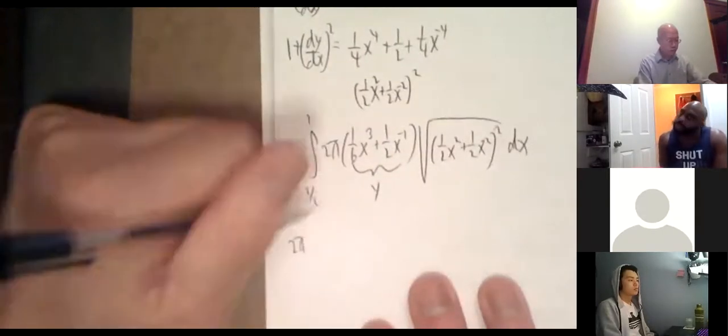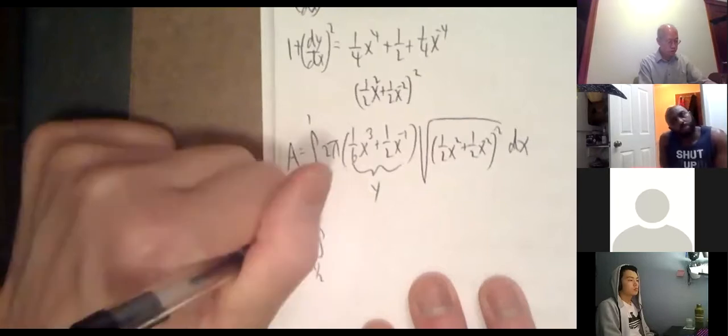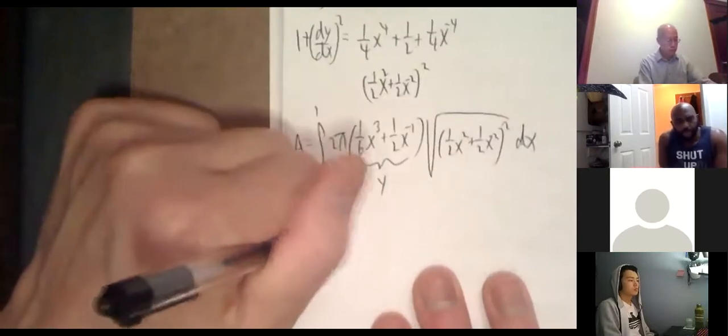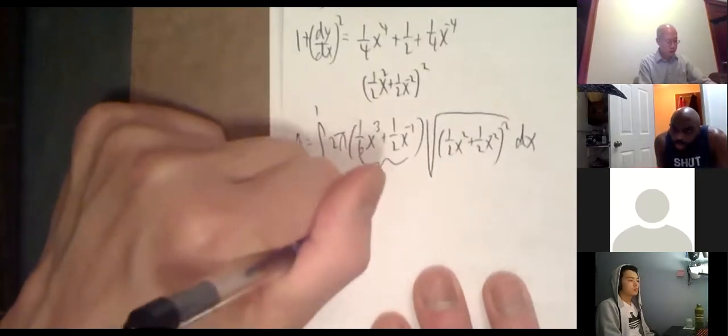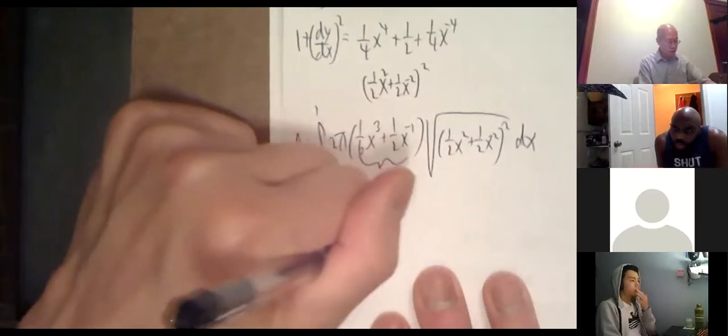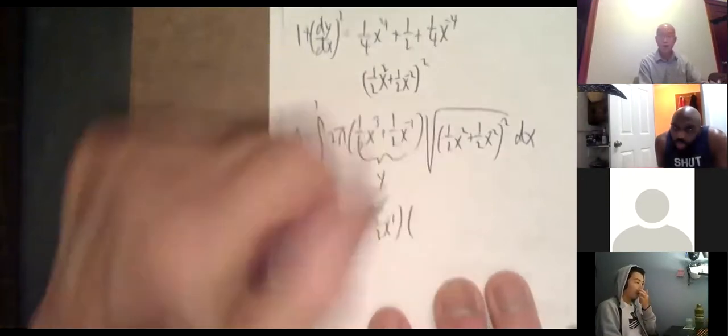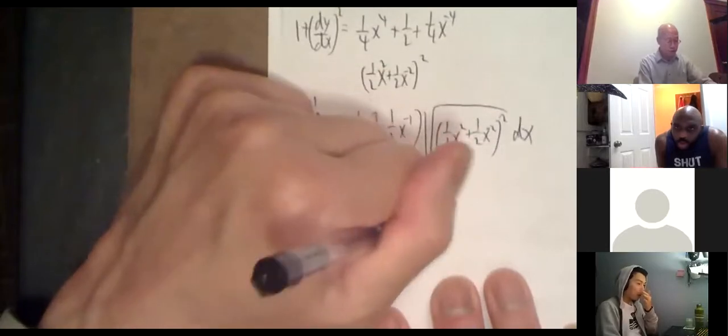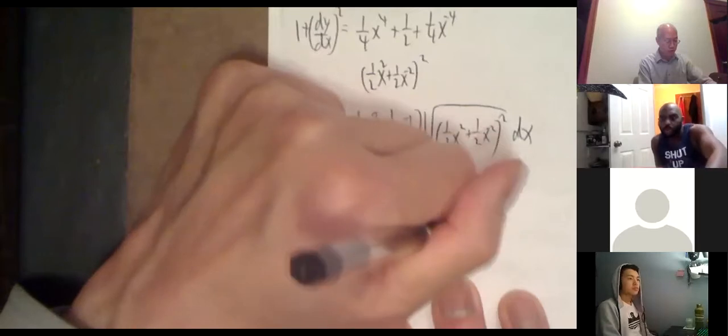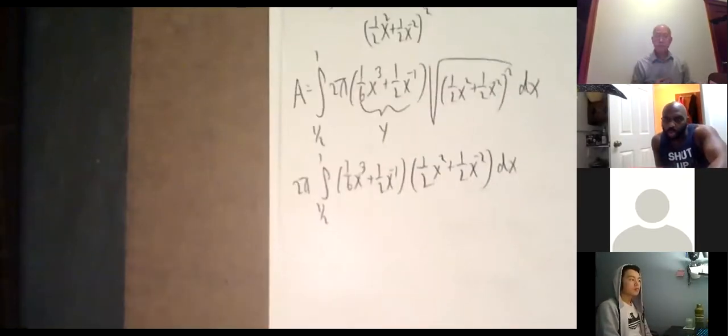And of course, that just takes off the square root. So 2 pi comes out. So 1/6 x cubed plus 1/2 x to the negative 1. And that becomes square root of a square, 1/2 x squared plus 1/2 x to the negative 2 dx.